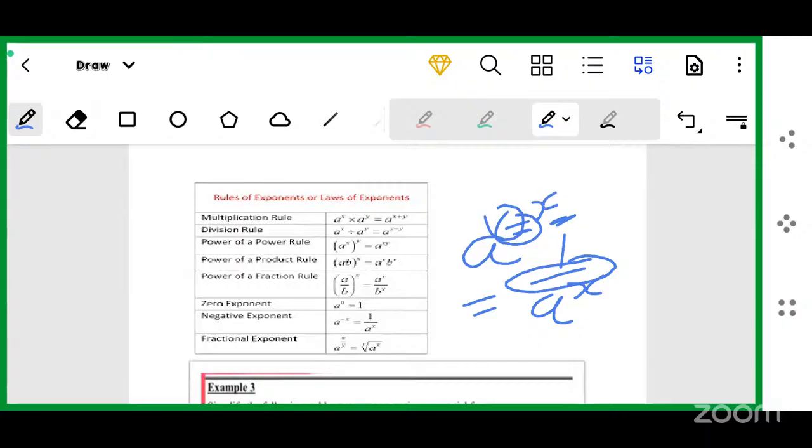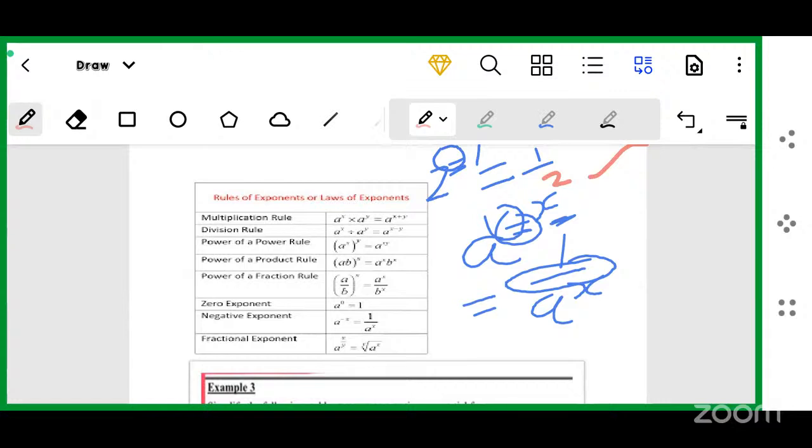So if it's something like 2 to the power of negative 1, it's going to be 1 over 2 to the power of 1, which can be written as 1 over 2.